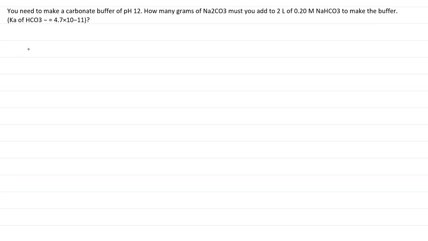So we have sodium bicarbonate, which in this case is a base, and we have sodium carbonate, which is an acid.